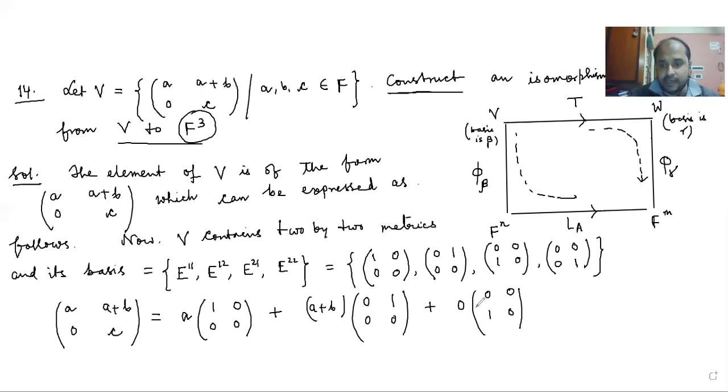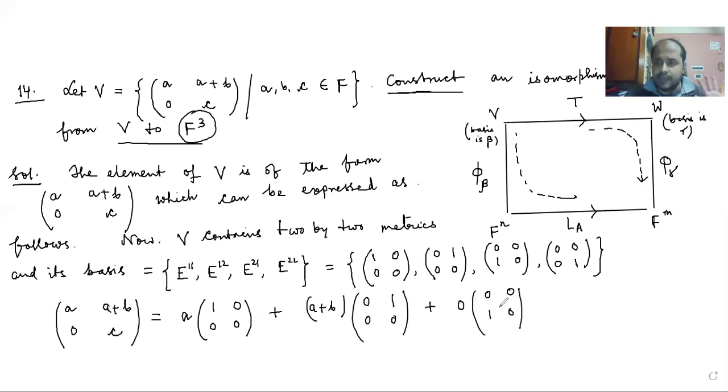Okay, so if you multiply this basis element by the scalar quantity, it will not be effective. Why not effective? Let me tell you. Let us keep it over here. If you ask me, sir, what is the problem if I keep this 0 0 1 0?